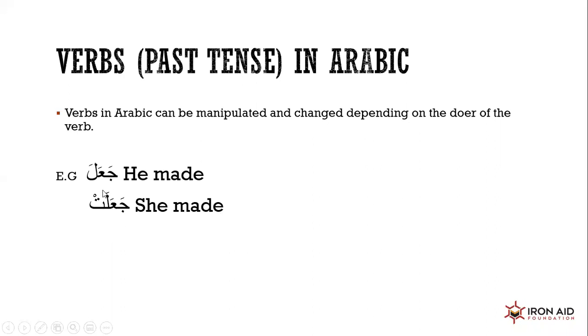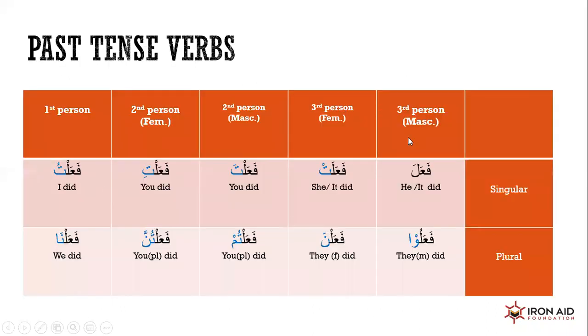So we've got another table here, similar to the ones we've done before. I've left duality out for simplicity, so I've only put singular and plural. Let's go through this table slowly. Fa'ala means to do, just action, to do. Fa'ala means he or it did.